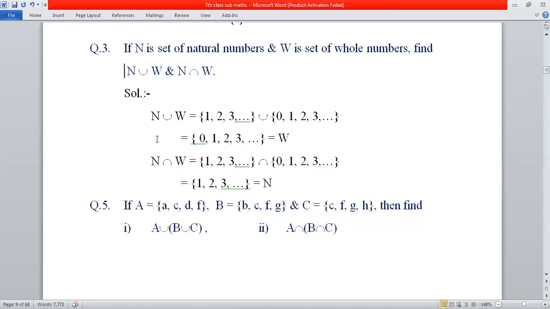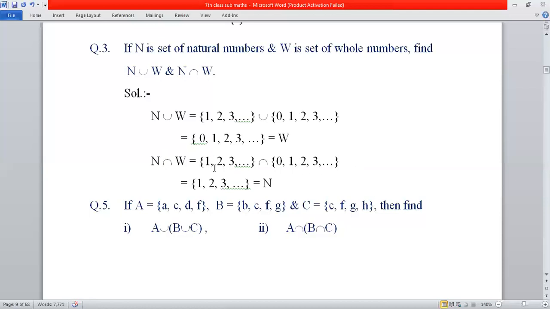Now come to the second part. Here we have to find the intersection of these two sets, natural numbers intersection whole numbers. Similarly, we again write all the values of the natural numbers, 1, 2, 3, and then intersection, then we write the whole numbers, 0, 1, 2, 3, and so on.